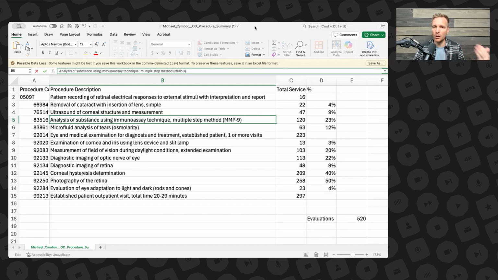So I think, if I were to see what he's doing, he's probably billing one osmolarity and then 2 MMP9s, because basically the MMP9s are double the osmolarity. Now, he may not be. Maybe he's doing 1 MMP9 and 1 osmolarity measurement. And if that's the case, I'd wonder, why wouldn't he just do them both? He believes they're both important, but why isn't he doing them both on his ocular surface disease patients?